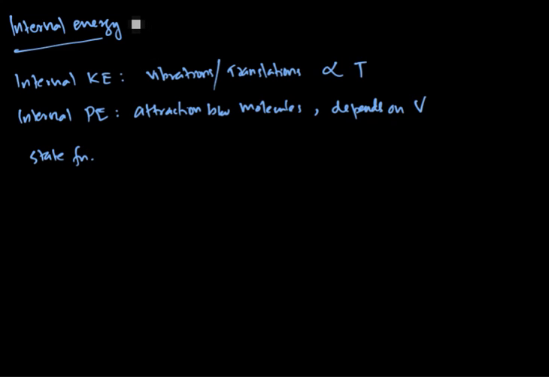The internal energy is usually represented by the capital letter U. Now if UA and UB represent the internal energies of a system when the system is in state A and state B respectively, then the change in internal energy, this is the quantity which we can measure, is given by UB minus UA.